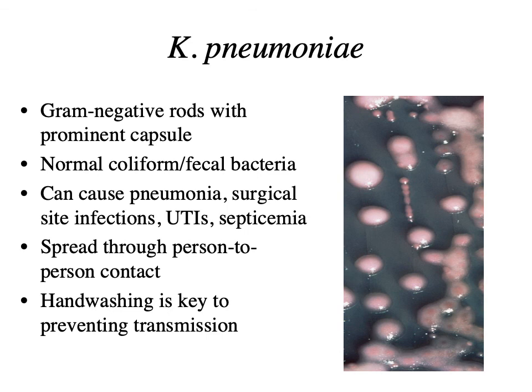We think that the key for this one is about transmission. It's actually about hand washing. It's not necessarily something where antibiotic patients would be experiencing an uptick in K. pneumoniae. It does have a really strong capsule that can give it some resistance to drugs, but hand washing of healthcare workers, I think, is the way to keep these out of the nosocomial sphere.